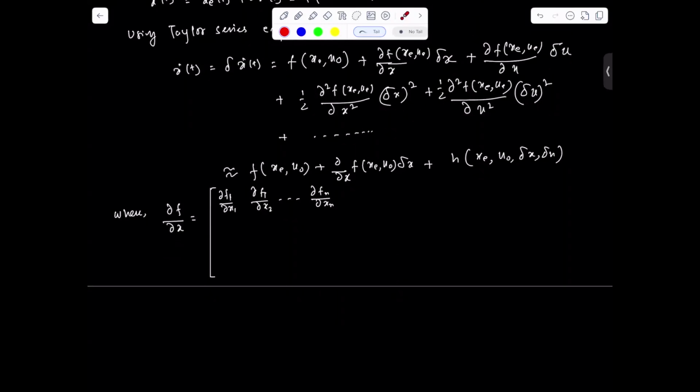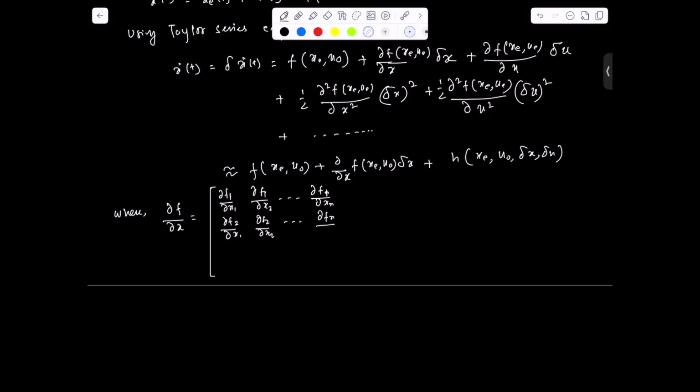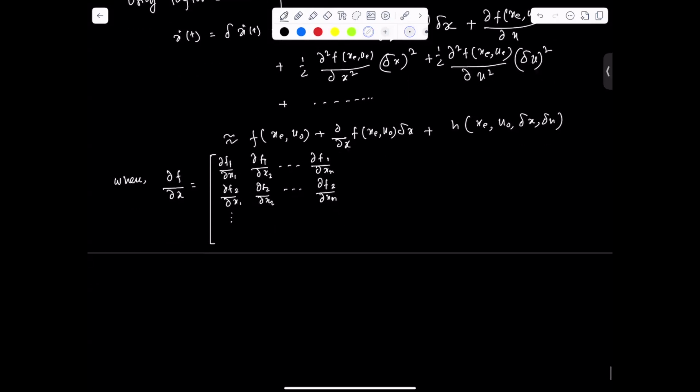Similarly, the second row we can write ∂f2/∂x1, ∂f2/∂x2, and so on. Sorry, this should be ∂f1, this should be ∂f1. Similarly, this will be f2 and ∂xn, and we can go till ∂fn/∂x1 up to ∂fn/∂xn.